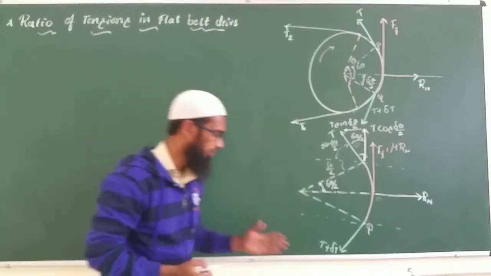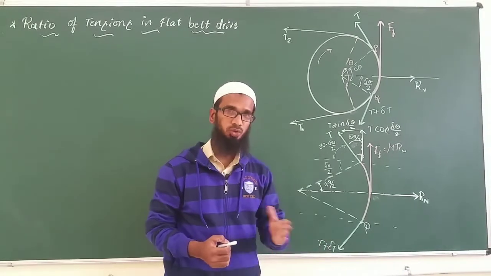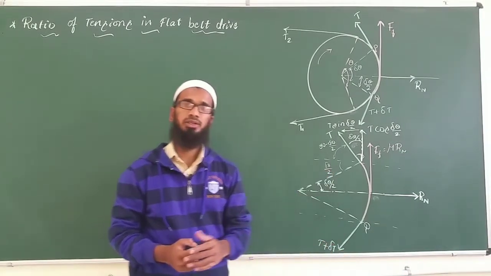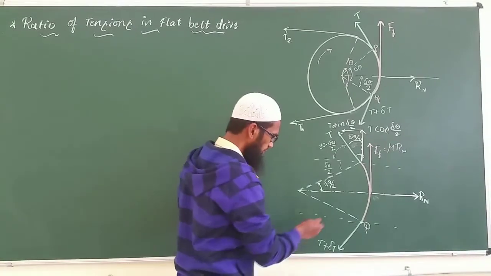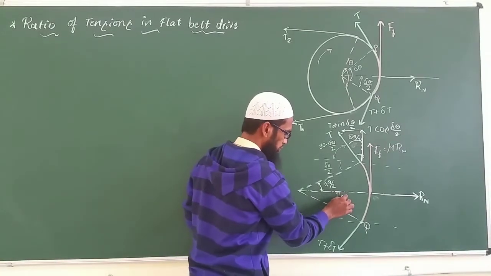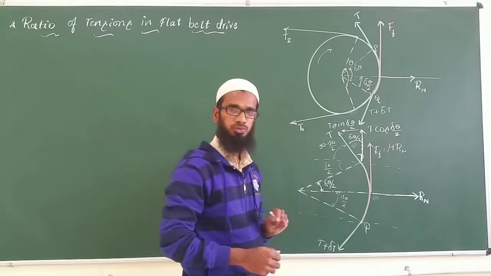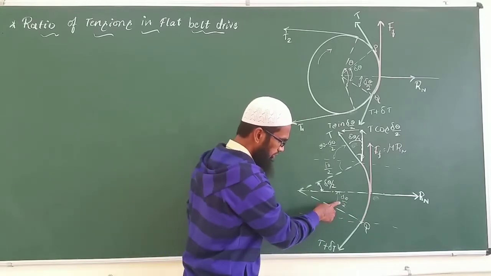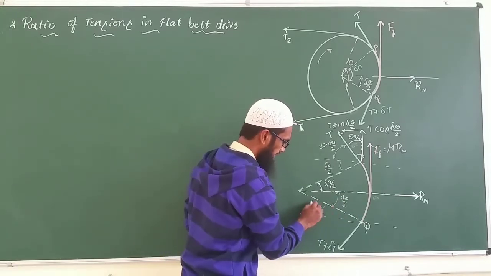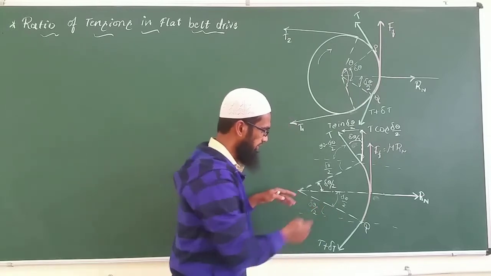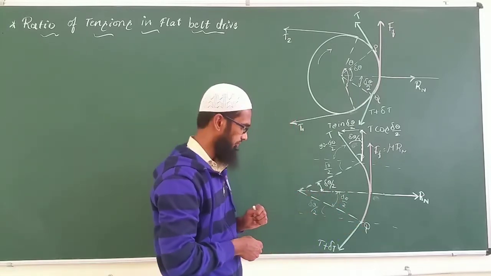Similarly, I'll take the components of this T plus dT with respect to horizontal and vertical. Now this angle is also dθ/2. We know that this is also an angle dθ/2 because of the alternate angles here.